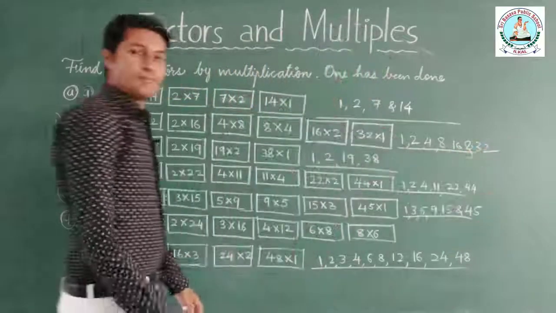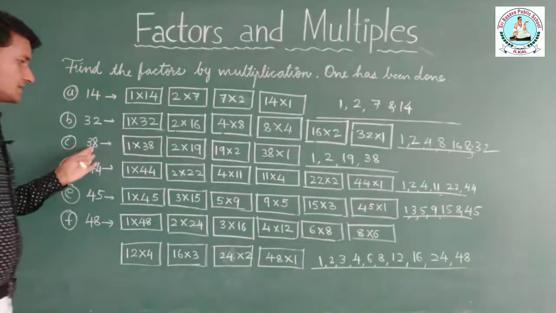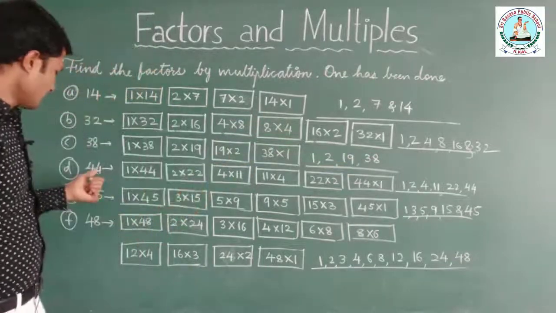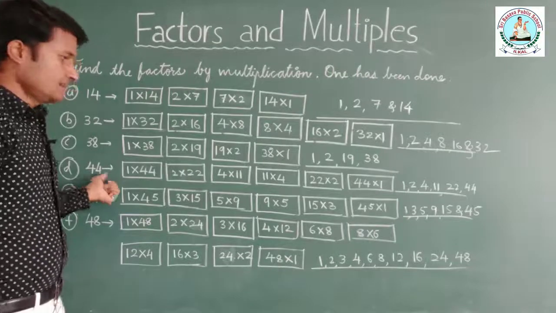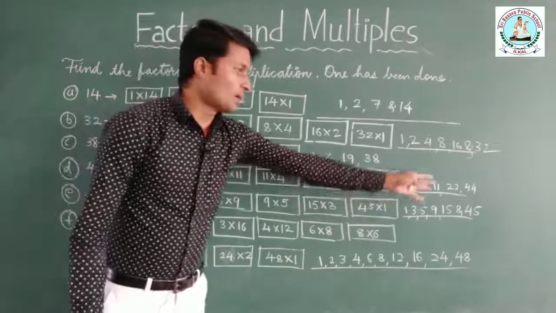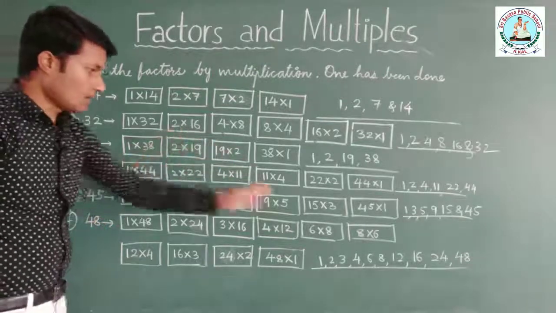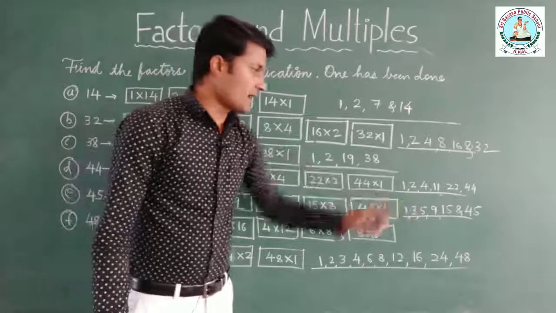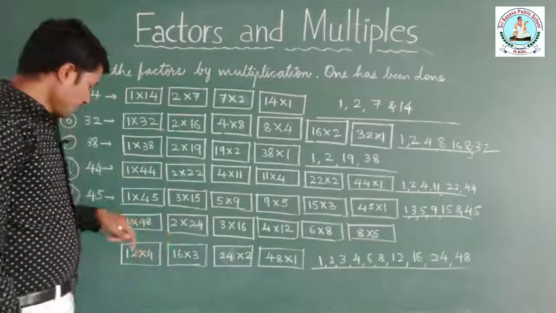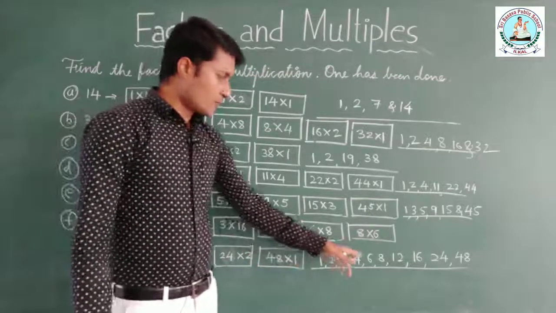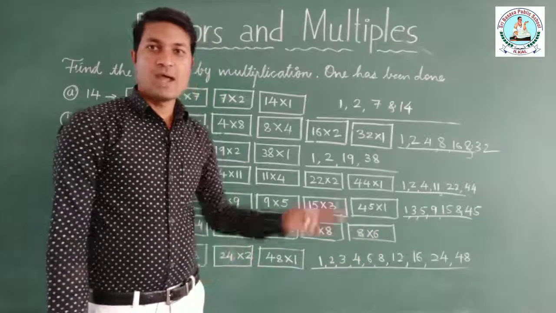So similarly, you can list out the factors of 38 as 1, 2, 19, 38. And the factors of 44 are 1, 2, 4, 11, 22 and 44. And the factors of 45 are 1, 3, 5, 9, 15 and 45. And the factors of 48 are 1, 2, 3, 4, 6, 8, 12, 16, 24 and 48.